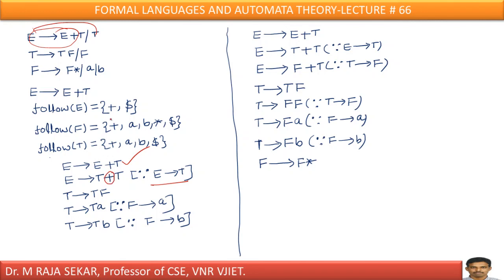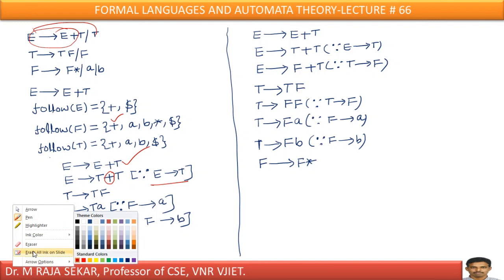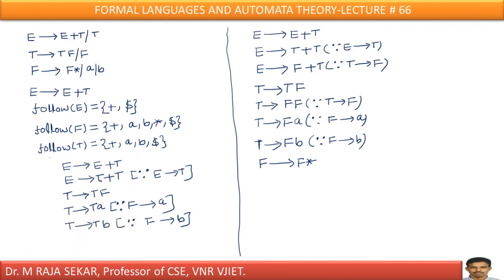Plus is following, so follow of T is plus. Let me explain again. E goes to E plus T, and there is a production E goes to T. In the place of E, I can write T. Which one is following T? Plus is following. Therefore, I am writing this plus.